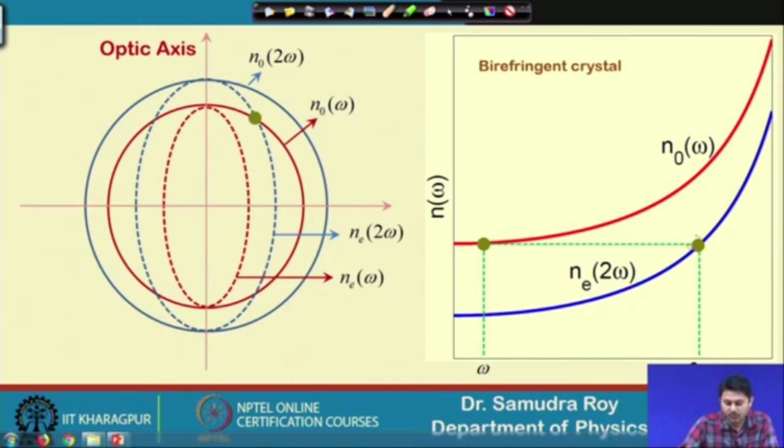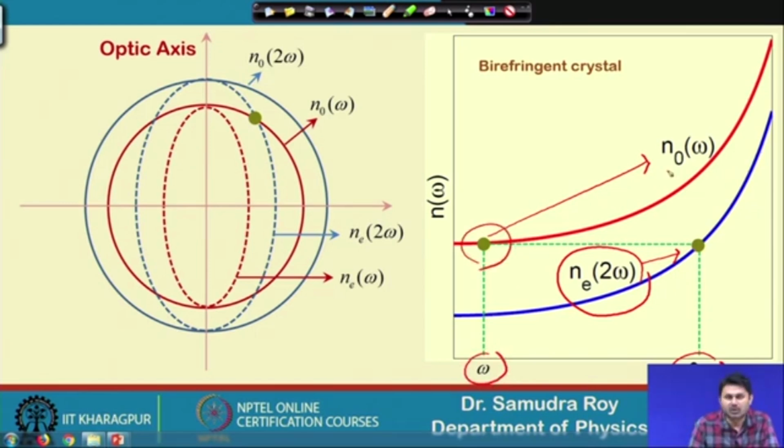Both are functions of omega, but at this point the value is this, and at this point the value is this. If I make a horizontal line, you can see that whatever value we have at the 2 omega point, at the omega point the ordinary refractive index has the same value.